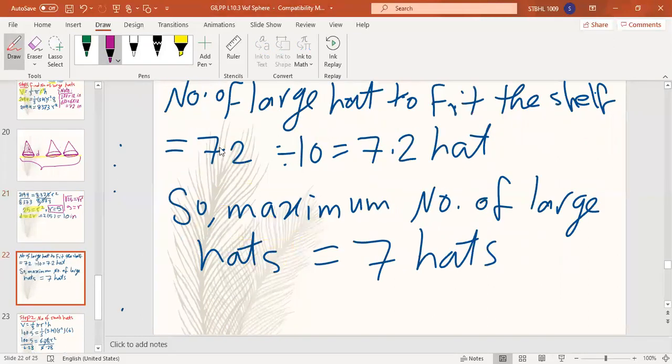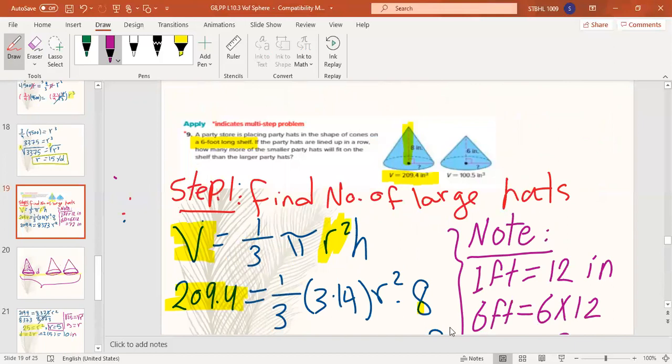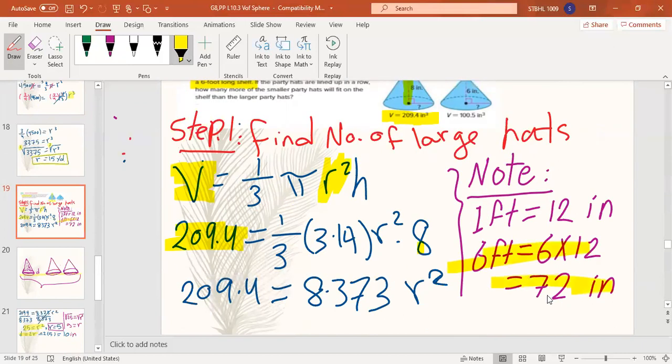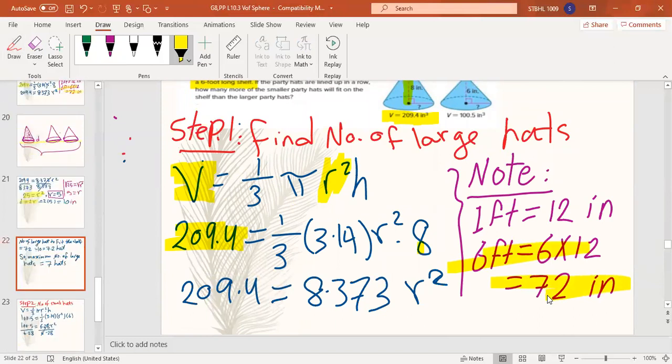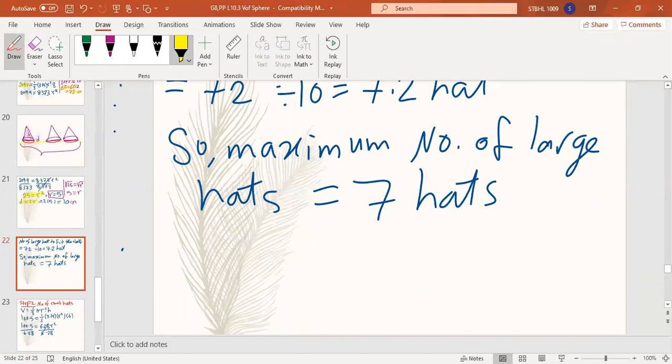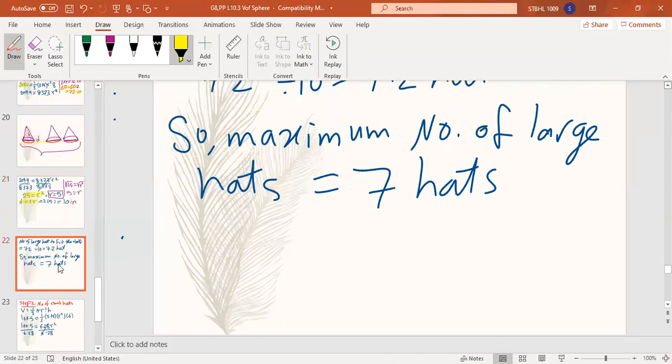Do you remember when we converted the length of the shelf, 6 feet, into inches? We got 72 inches. So now I need to divide the 72 inches by the diameter of the large hats, which is 10. So 72 divided by 10 equals 7.2.